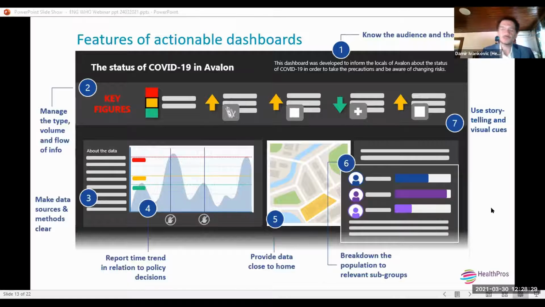So a concise narrative explaining the significance of a trend, for instance, would be what would differentiate highly actionable dashboards from less actionable. So this was very briefly the results of our study on the global sample of dashboards.